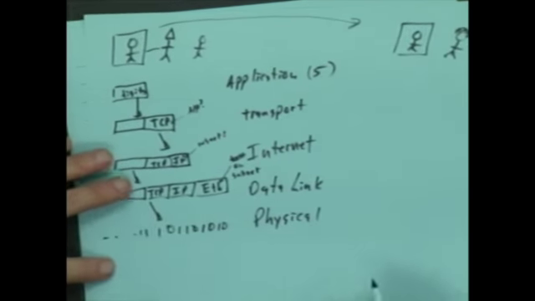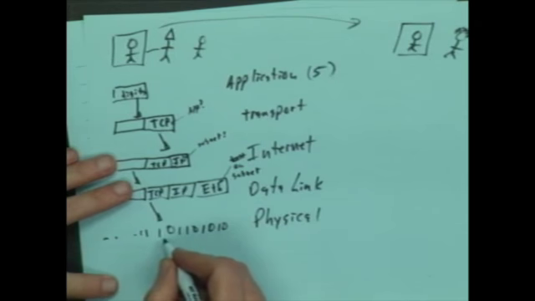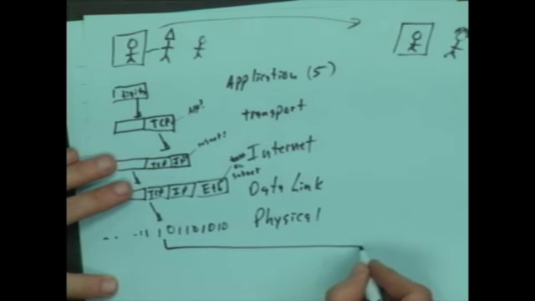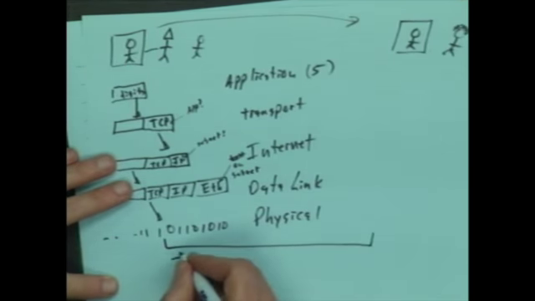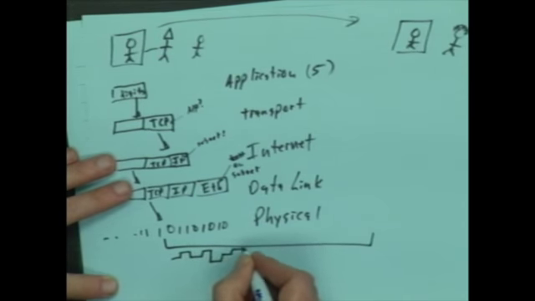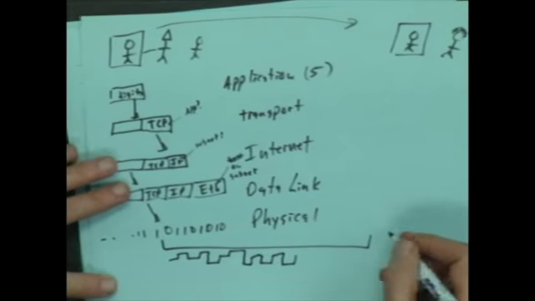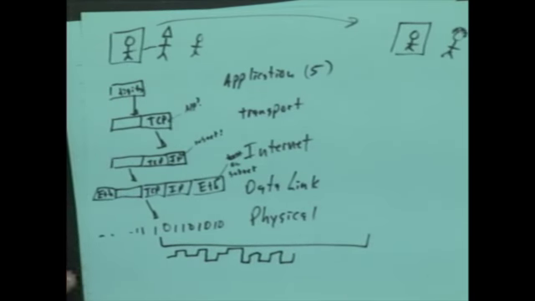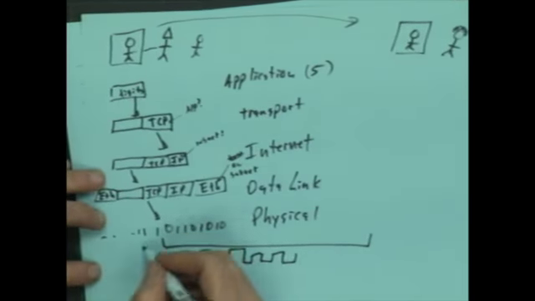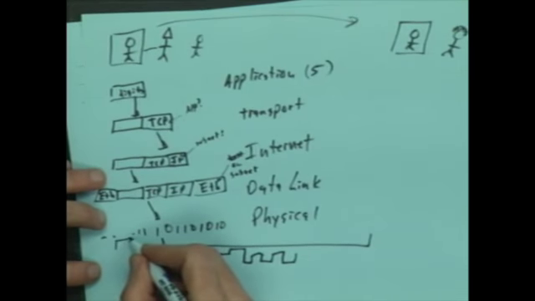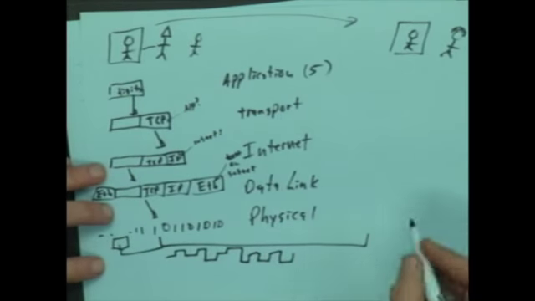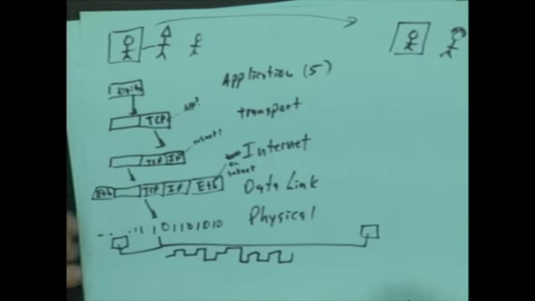For example, if we're on a cable, there's going to be changes in voltages. They're going to be detected at the other device. So here I had a port, this is plugged into a port. When it gets over here, there's another port.